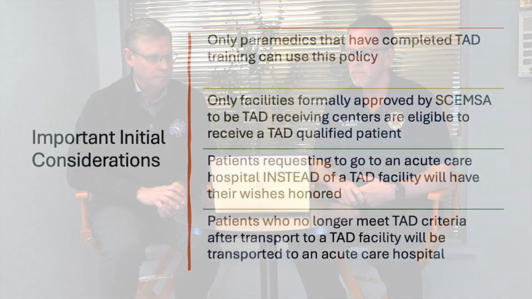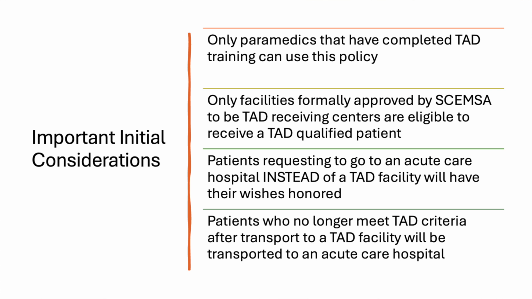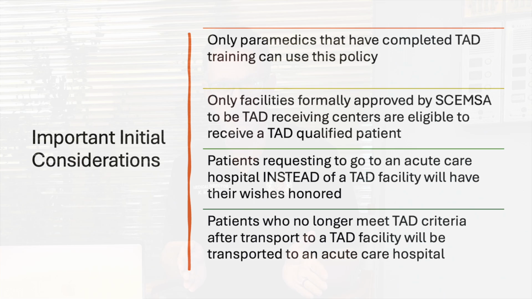Absolutely. Okay, so a patient who requests to go to an acute care hospital instead of a TAD facility will have their wishes honored. So even if they meet all the criteria and you offer them this and they say, take me to the ER, take them to the ER, right? That's where they're going to go. Please document that. Right, because it would be helpful to know that this patient was offered an alternate facility but chose not to go, because I think that's an important statistic to know.